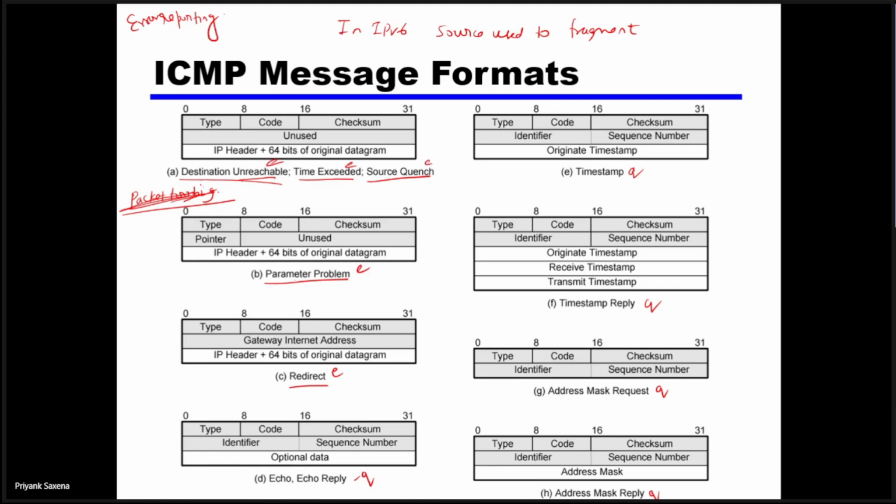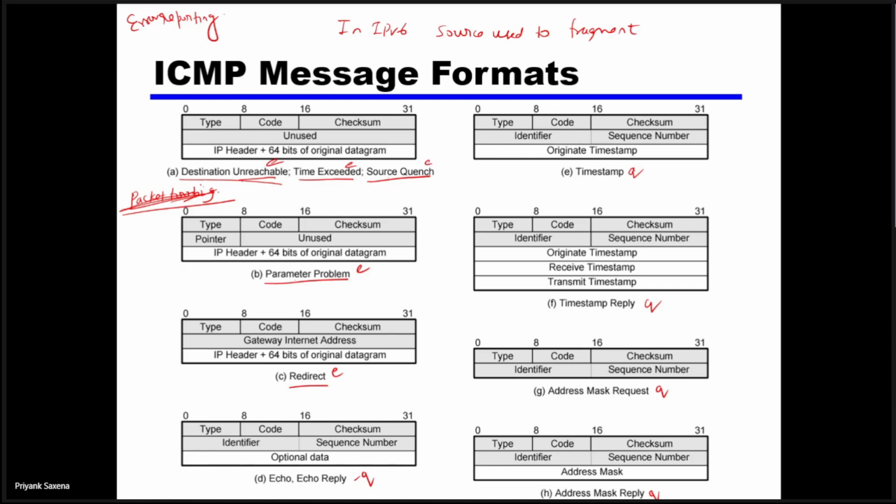Whenever the flow is exceeding and the router is unable to cope with it, it sends a source quench message asking for a slowdown.